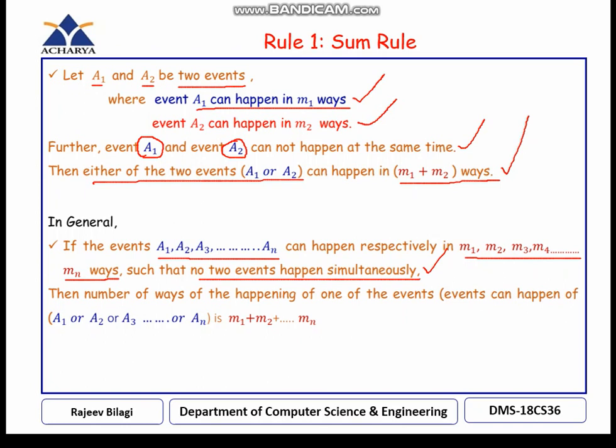In such a case, the number of ways of one of the events A1, A2, A3 up to An happening is m1 plus m2 plus m3 up to mn. So this is the general rule of counting.